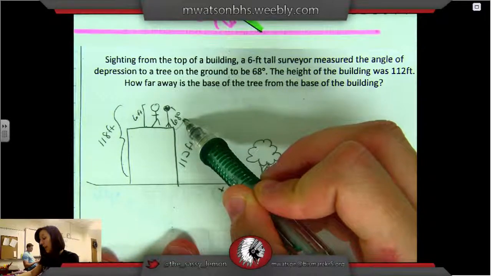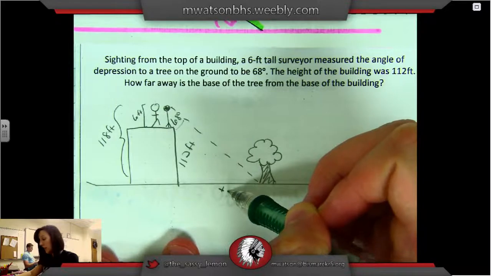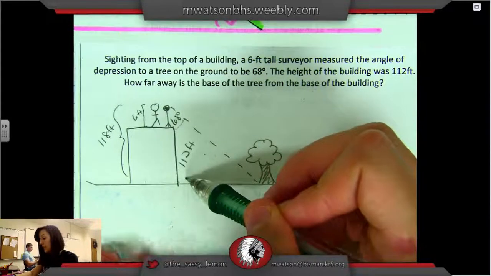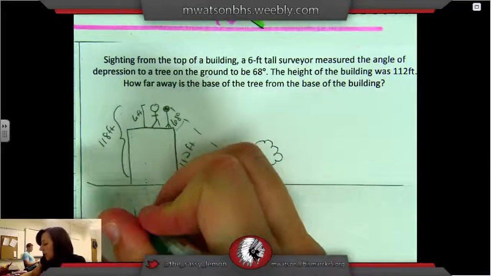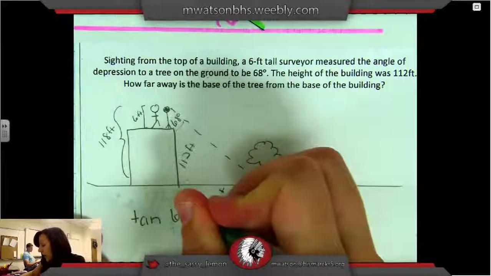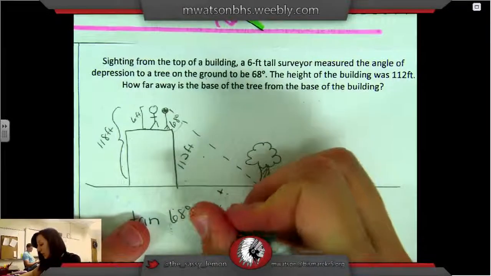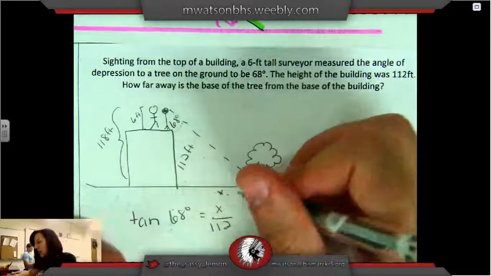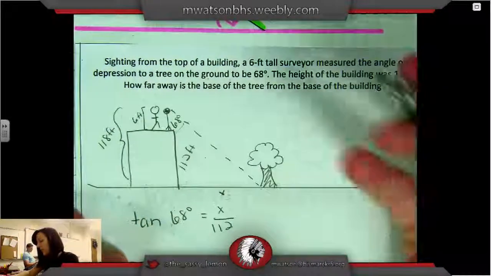We've got the side length that's opposite from it, as well as the side length adjacent. So opposite, adjacent, that sounds like tangent. Again, we're going to do tangent of 68 degrees equals our unknown side length x over our adjacent side 112.